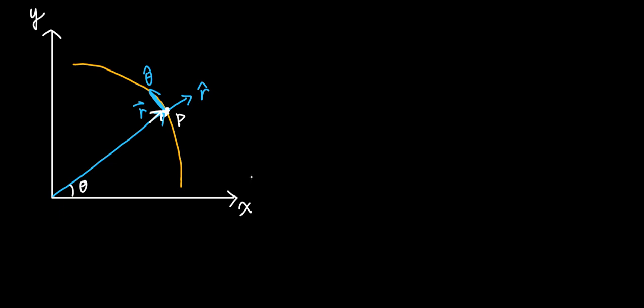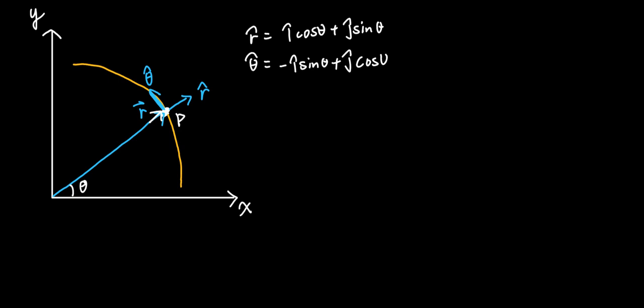We can write r hat and theta hat into their Cartesian forms. So r hat becomes i cosine theta plus j sine theta, and theta hat becomes minus i sine theta plus j cosine theta.